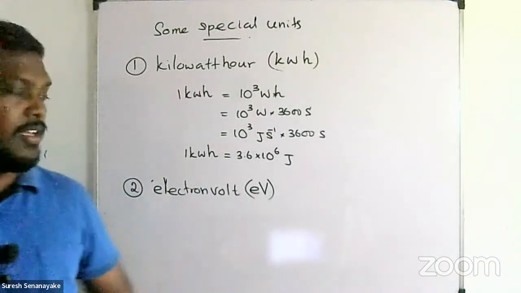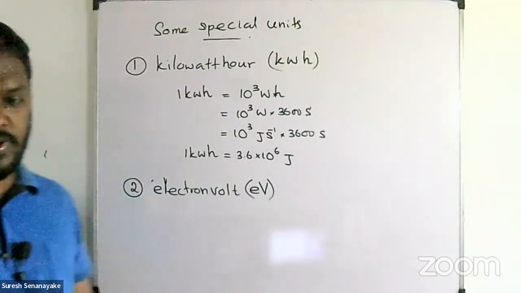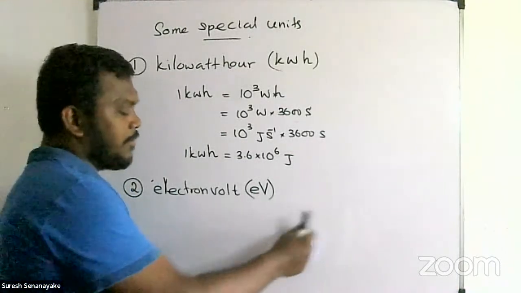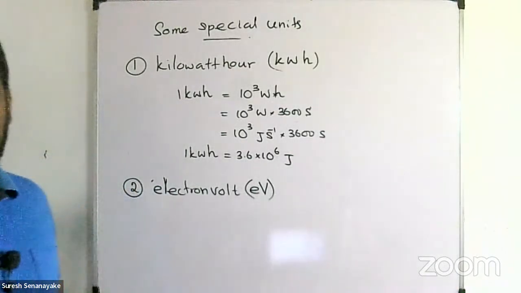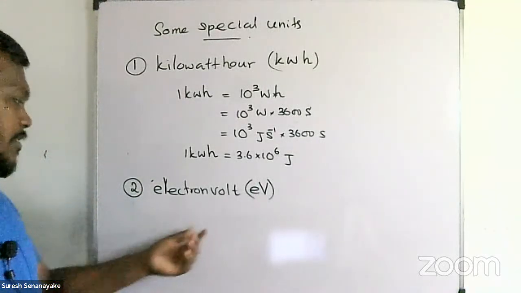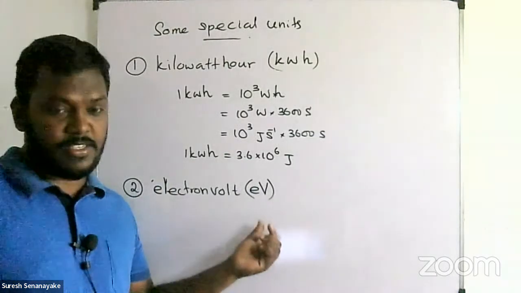That energy is 1 electron volt. It equals the charge of the electron multiplied by 1 volt. Expressed in joules, 1 electron volt is equal to 1.602 into 10 to the minus 19 joule.